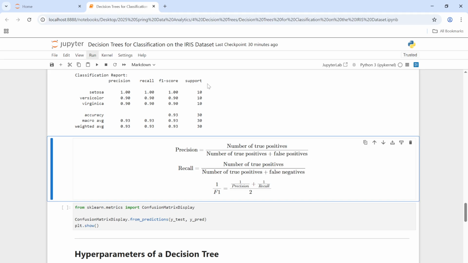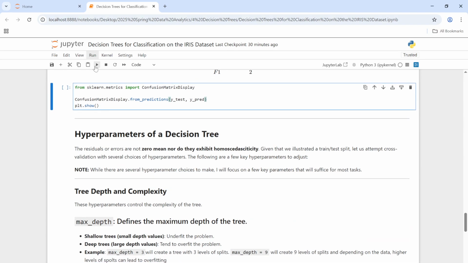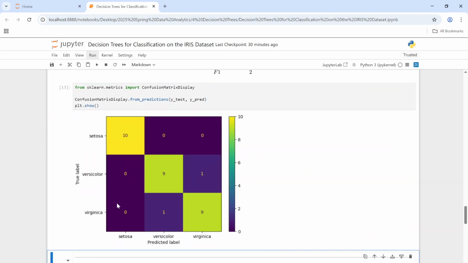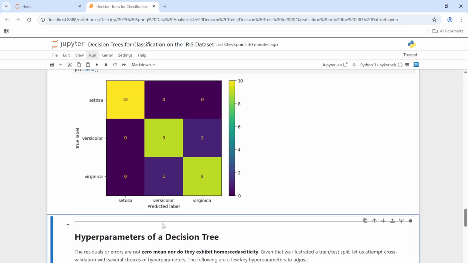We only have 30 data points, 10 of setosa, 10 of versicolor, and 10 of virginica samples. We can also look at the confusion matrix associated with the test data set, and largely we can see that this is a diagonal matrix. There are some misclassified samples, but largely this is quite acceptable.